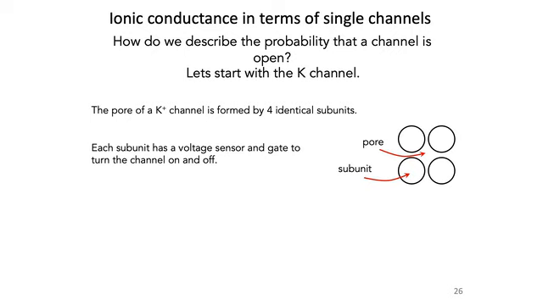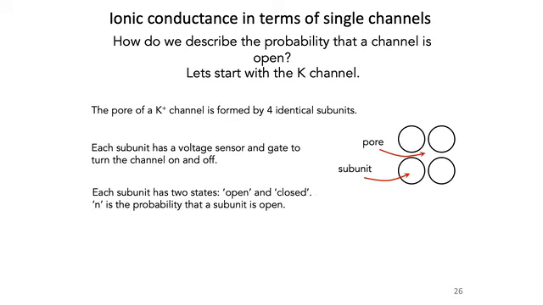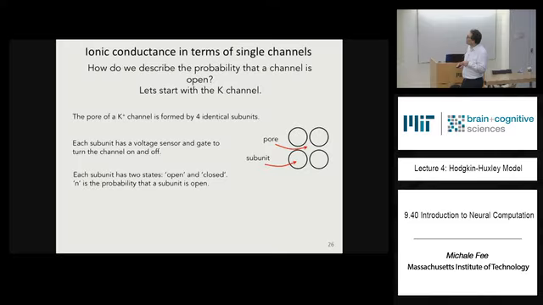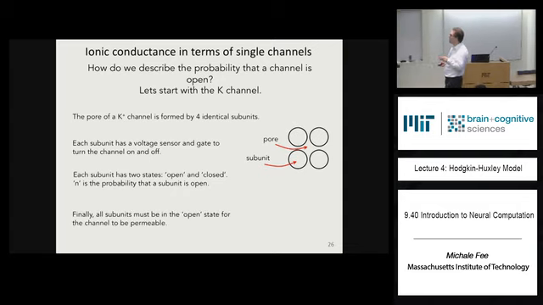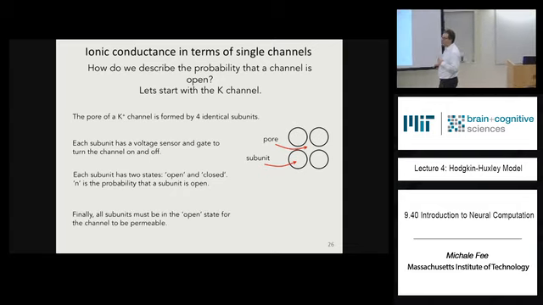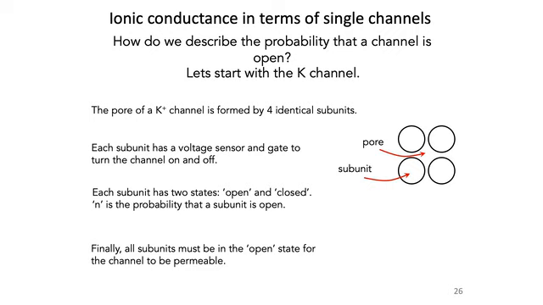Each of these subunits has a voltage sensor that allows it to turn on and off, and in order for the channel to be on, all 4 of those subunits have to be open. So each subunit has an open state and a closed state, and for the channel to be open, all 4 of them have to be in the open state. Okay?